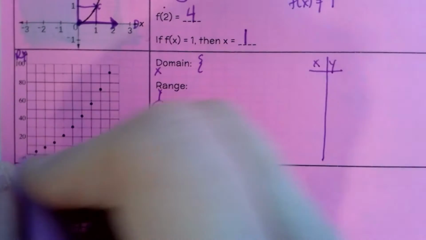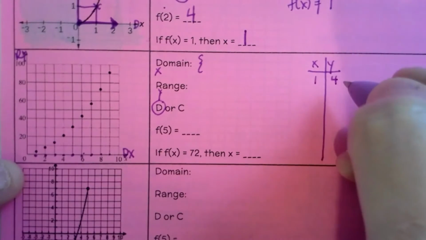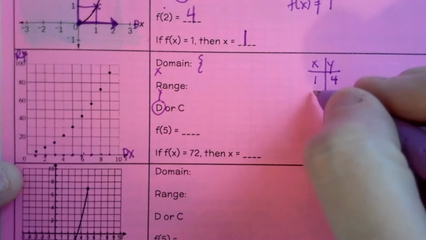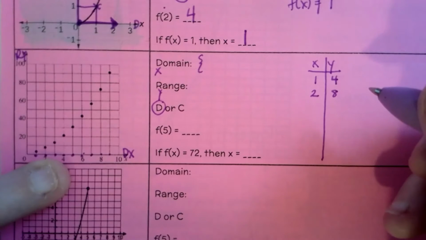I'm going to estimate these. So I have x is 1, y maybe 4. For 2, maybe 8. Again, I'm estimating these. They don't have to be perfect.